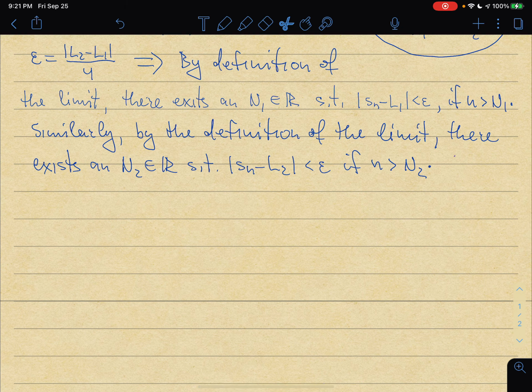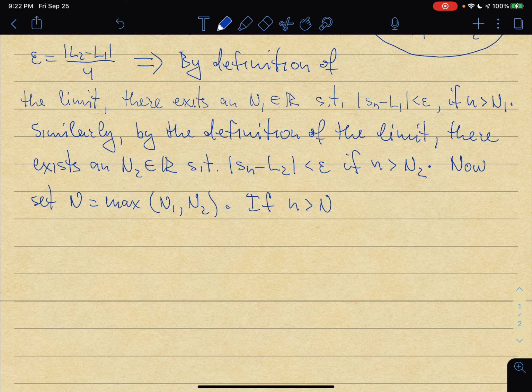Okay, so now I'm going to set capital N to be the maximum of n1 and n2. If n is bigger than capital N, then I have two things.